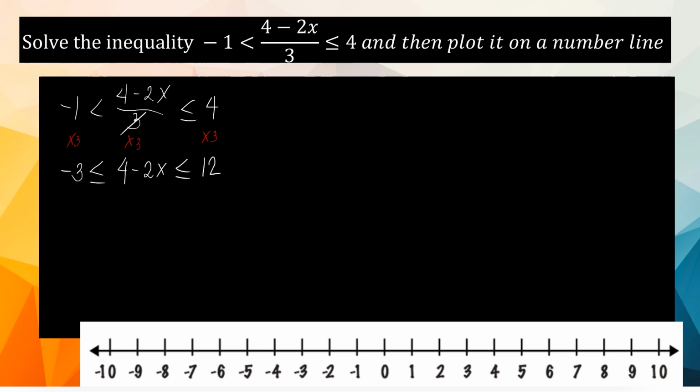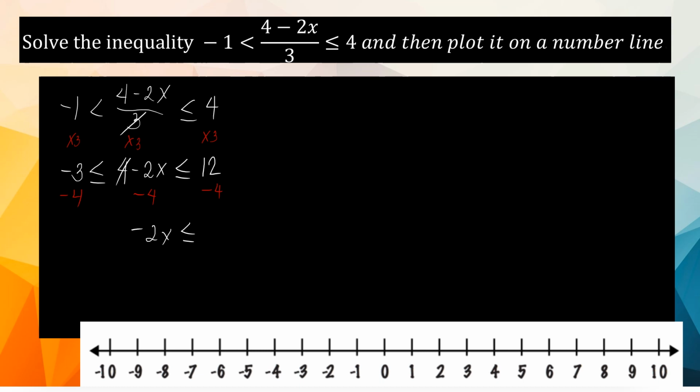Next, we have 4 minus 2x now. So let's remove 4. To remove 4, we need to do minus 4. So minus 4 on the right side also, and minus 4 on the left side. So let's simplify that. Since we subtract 4, we can cancel out 4 on your middle term, you will only have negative 2x.